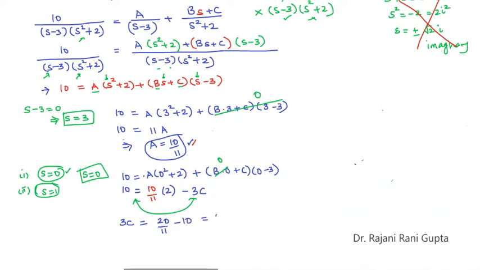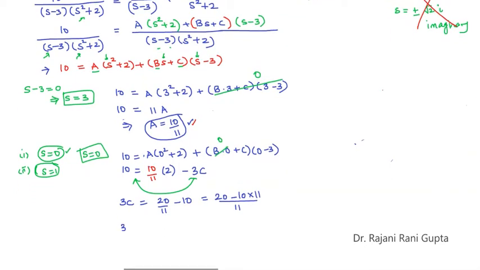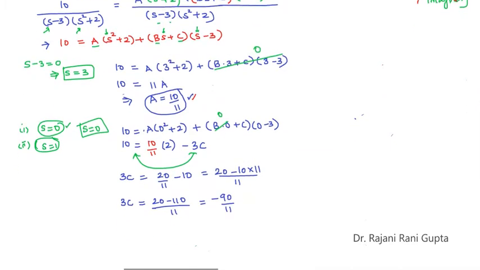So when you simplify it, 20 minus 10 times 11 over 11. Again you can use a calculator here if you are interested to do that. So this gives you 3c equal 20 minus 110 divided by 11, that is minus 90 over 11, which gives you the value of c as minus 90 over 11 into 3.